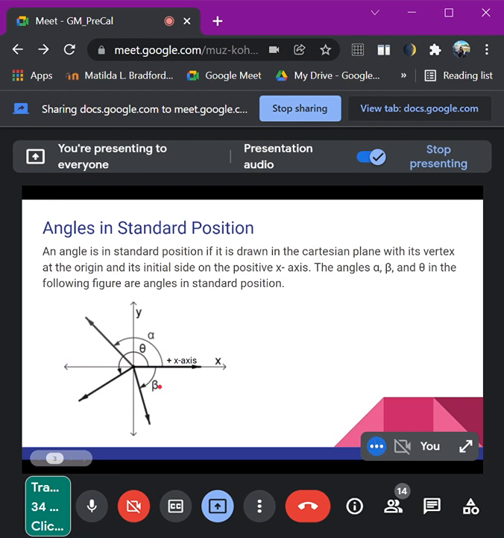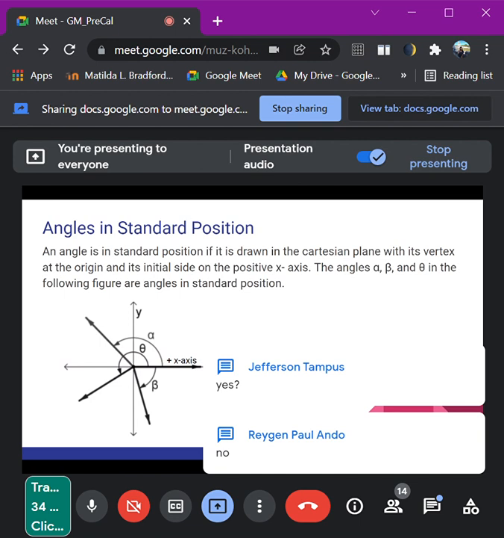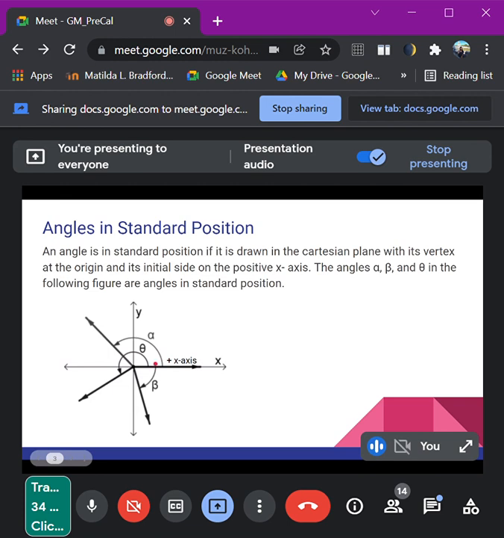Okay, yes, again. As we can see, it is just inverted or flipped, but it still started at the positive x-axis. The negative x-axis is on the other side, and it did not rotate from there. If your beta started from over there and ended here, then that is not in standard position. But here, as you can see, it lies on the positive x-axis.